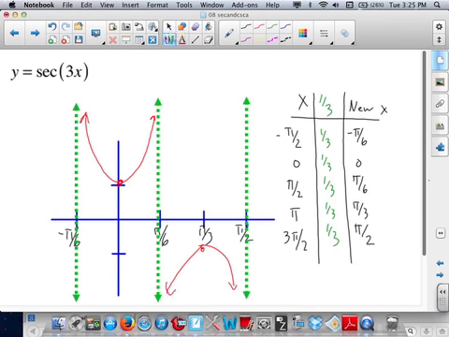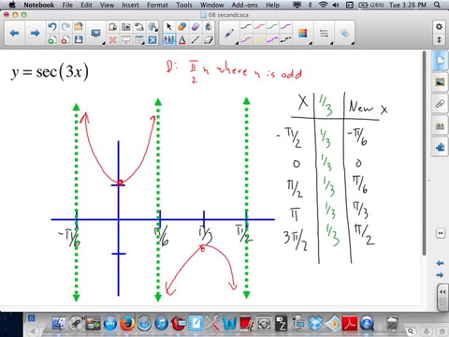Now, the domain of this one, let's think about what that would be. Our normal domain is pi over 2n, where n is odd. Now, that's what it used to be.